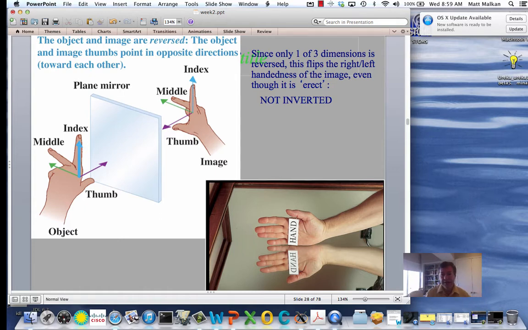In other words, your face is not inverted, it's reversed from what other people see. And most people's faces are not perfectly symmetric and so on. And so sometimes you look at yourself in a mirror and then you look, for example, at a photograph that someone took of you, and they look to some extent like different people. It's not really the same.